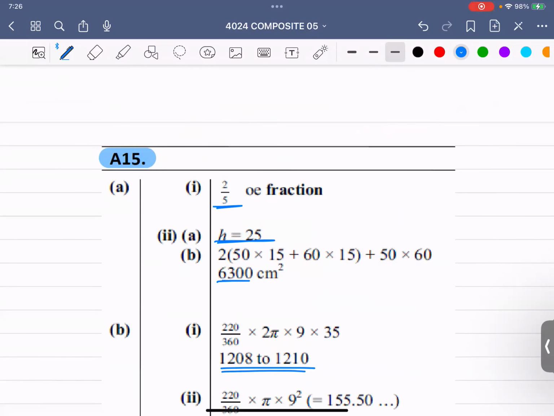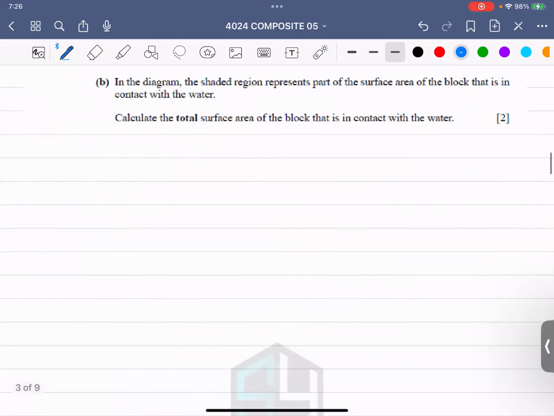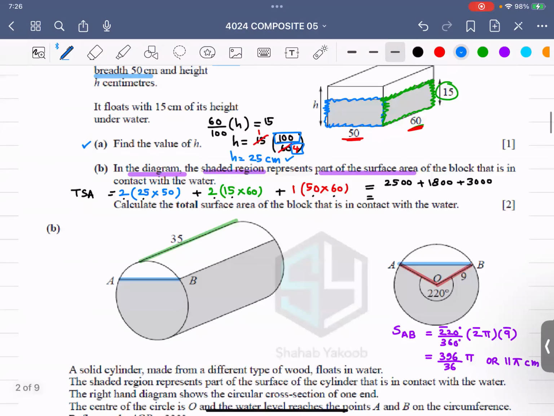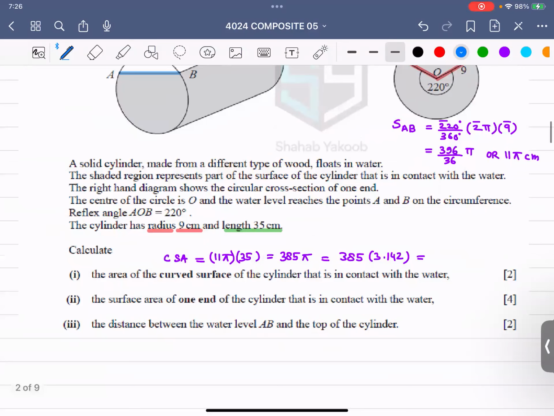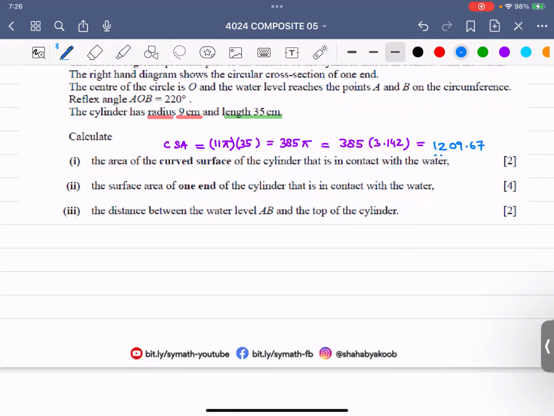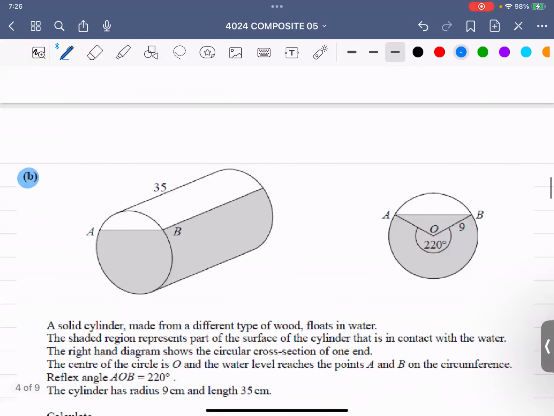Let me just show you this one, 385 into 3.142. This comes out to be 1209.67, basically it will come out to be 1210 centimeters square. That is this part.